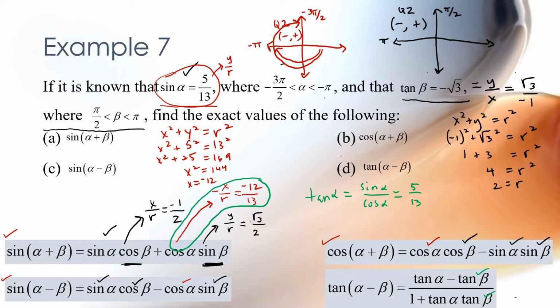Instead of dividing by negative 12 over 13, I'm going to multiply by negative 13 over 12. And so the 13s cancel out, and I find out that the tangent of alpha is equal to negative 5 over 12. Now, this is a lot of messiness. I'm going to summarize this all on the next slide, and then I think we're set to begin on part A, B, C, and D.